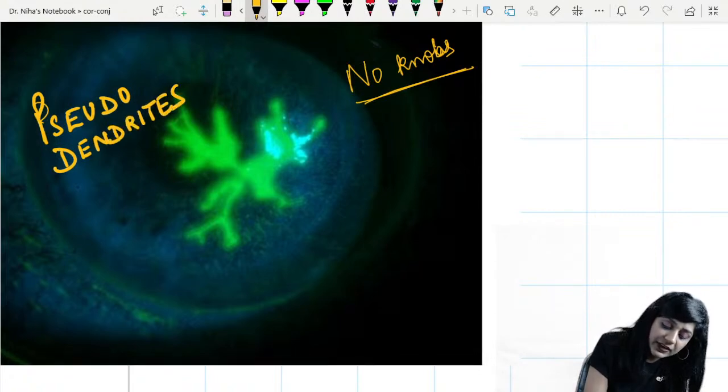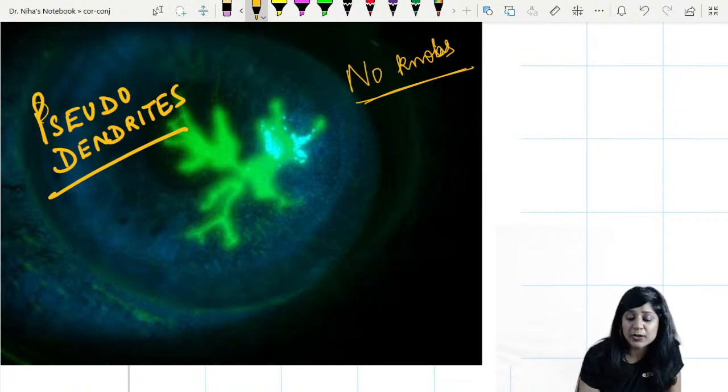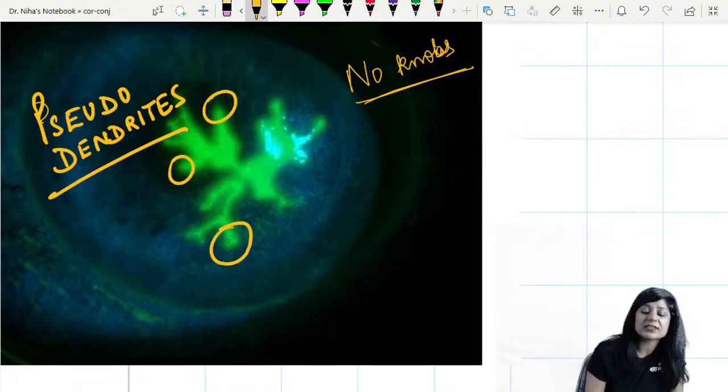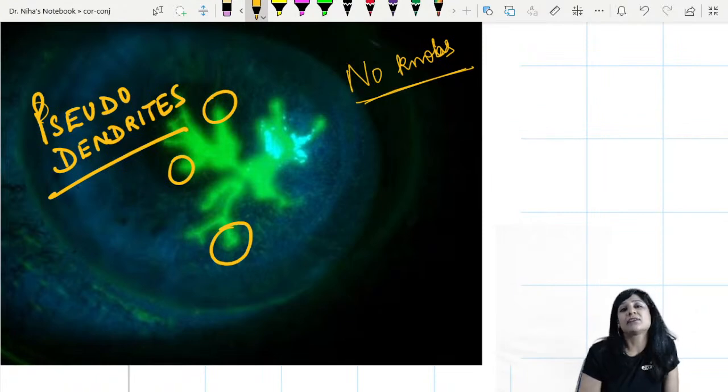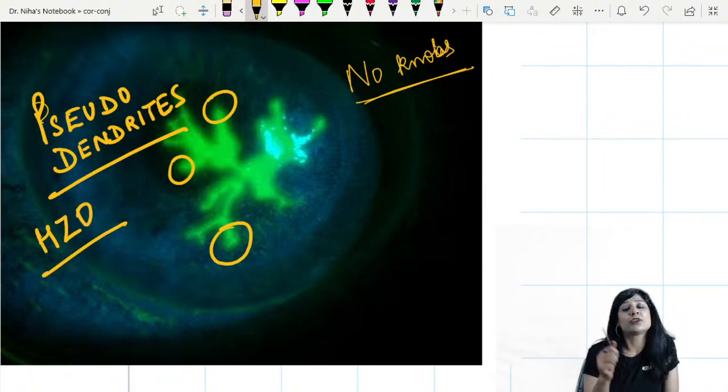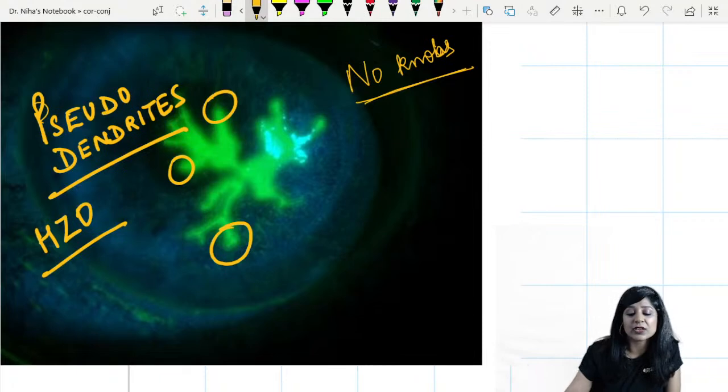Another important thing is pseudo. Pseudo means false, because there are no knobs. Can you see? There are no knobs. So because I am not having knobs, it is a pseudodendritic pattern, and pseudodendrites are found in herpes zoster, while the true dendrites are found in herpes simplex. This is found in herpes zoster.